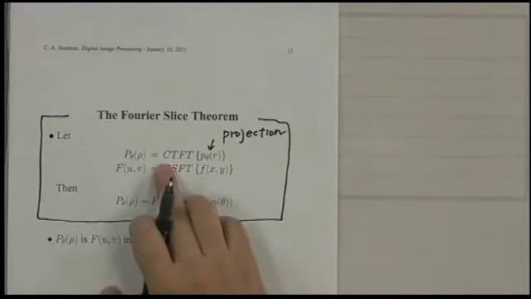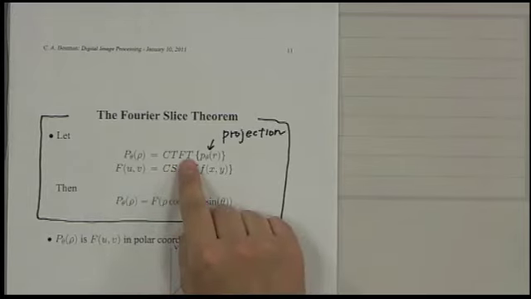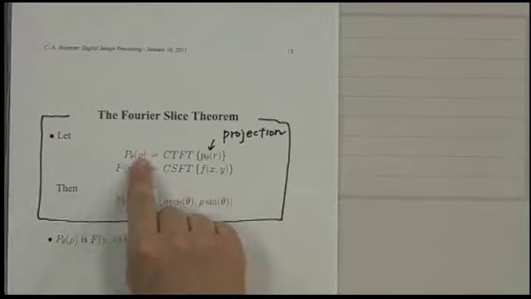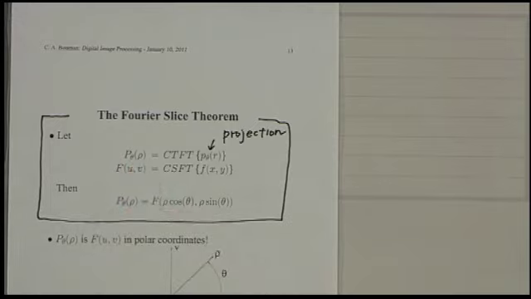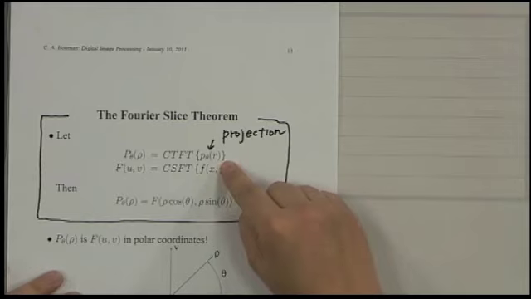Then we define a CTFT, the continuous time Fourier transform of P, and we denote this as capital P. This is a 1D Fourier transform.